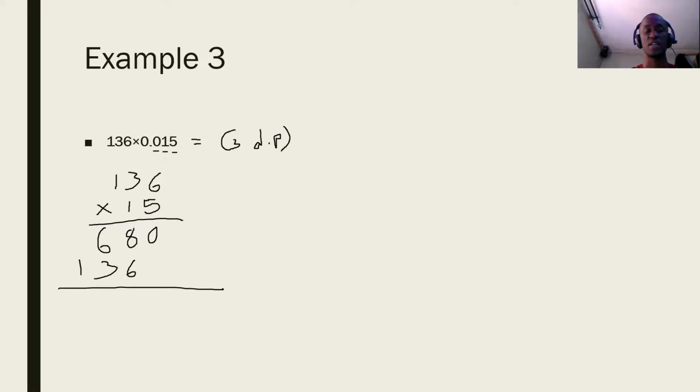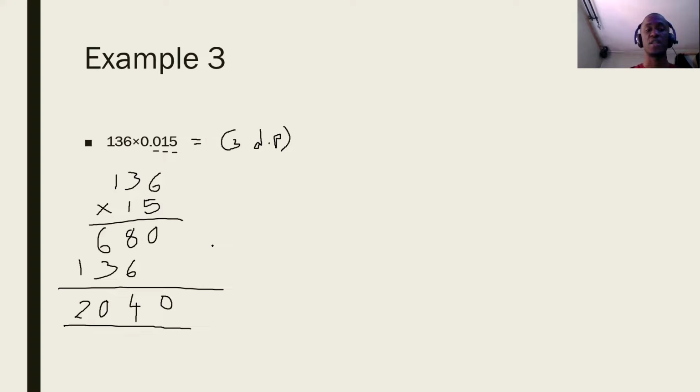Then after that, we add. That is 0. 8 plus 6, the answer is 14. So we write 4 and carry 1. 1 plus 6, the answer is 7. 7 plus 3, the answer is 10. 0, carry 1. 1 plus 1, the answer is 2.